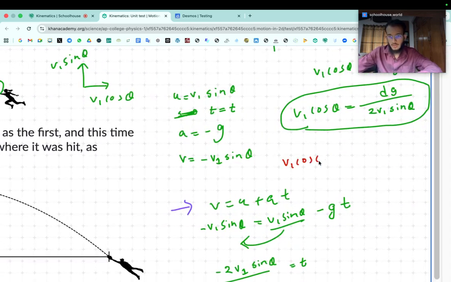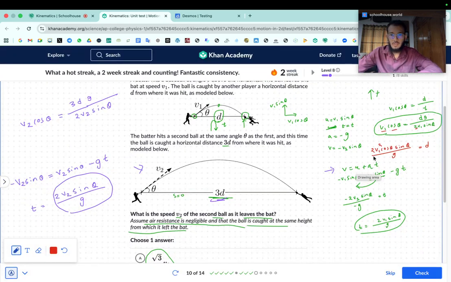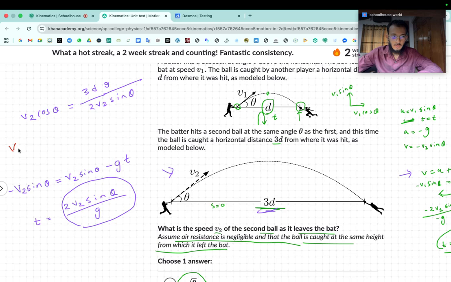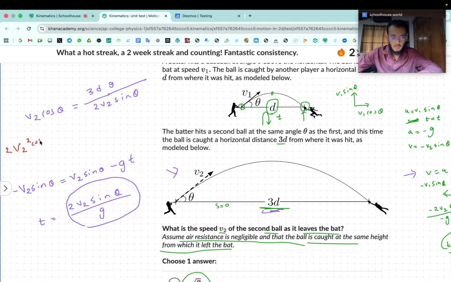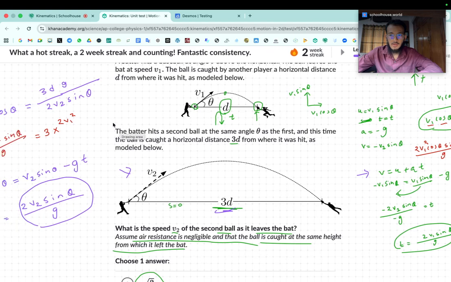So v1 cos theta, when we multiply this, it becomes 2v1 squared cos theta sine theta divided by g, which is what we get for d. Now if we plug this here, we also get 2v2 squared cos theta sine theta divided by g equals 3 times d, and d is this thing, which is 2 times v1 squared sine theta cos theta.